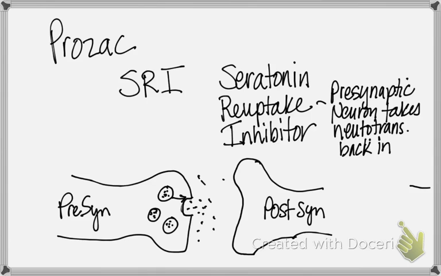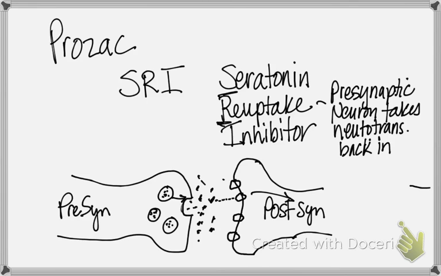Didn't you draw this? This was what you were supposed to draw on your second page of your web quest. And so this neurotransmitter, the serotonin, would then float across the synapse and bond with a receptor in the membrane of the postsynaptic neuron, which would open a channel and allow sodium to flow in, which would then cause it to send off its action potential.